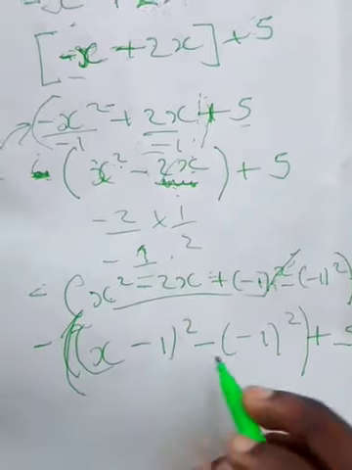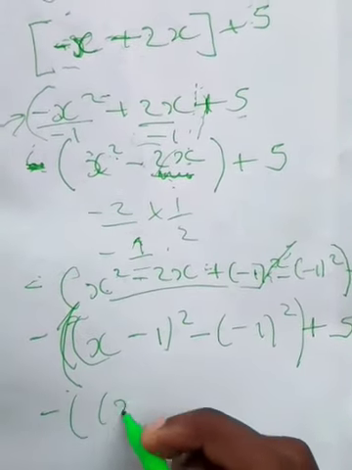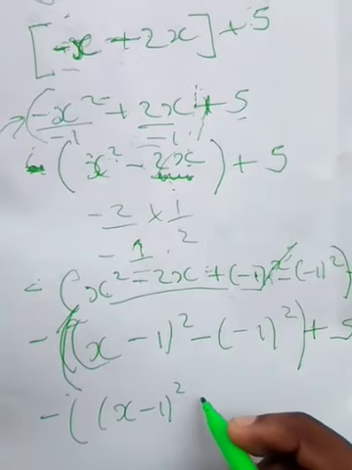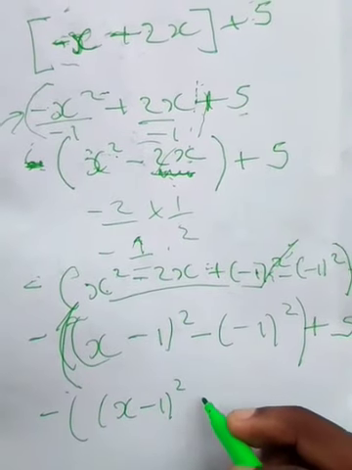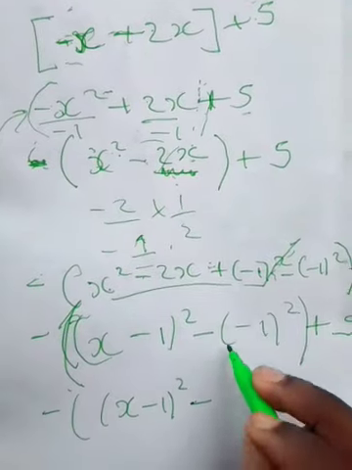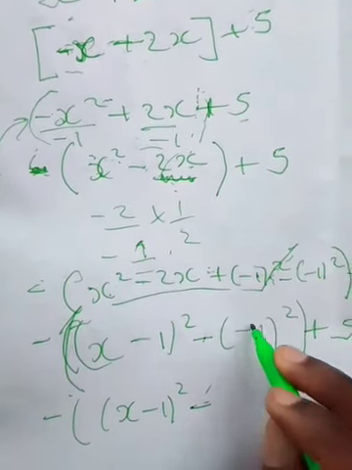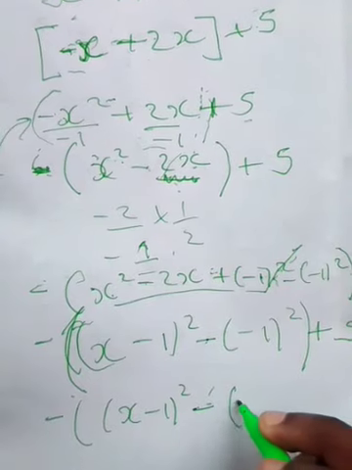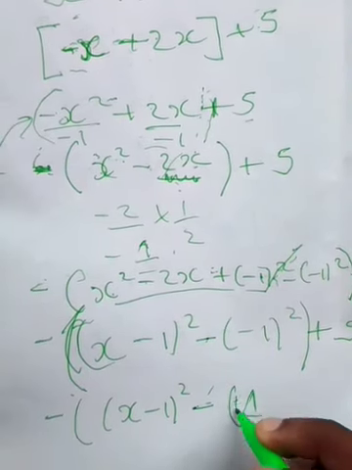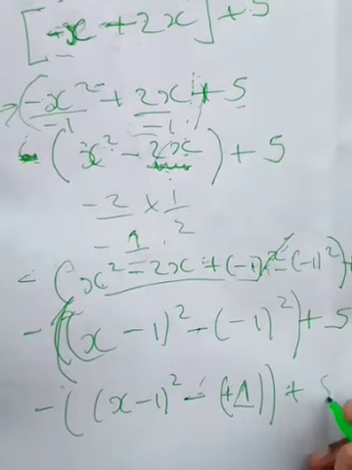And then you're going to simplify this part. So you're going to have (x minus 1) squared, and when you multiply this, first this one is going to give you just positive 1, right? And then plus 5.